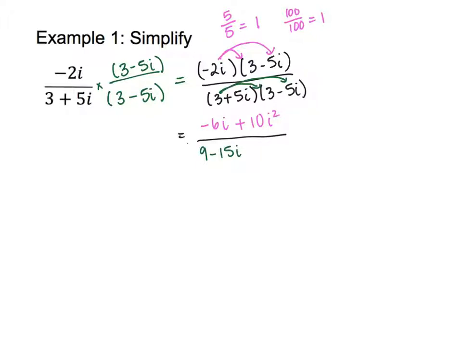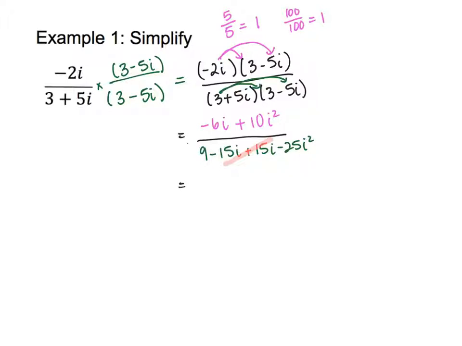And then 5i times 3 is going to give me positive 15i. And then 5i times negative 5i is going to be negative 25i squared. And so, like we said before, you can see here that the middle term of the denominator cancels out, right? And so let's see what we have left.